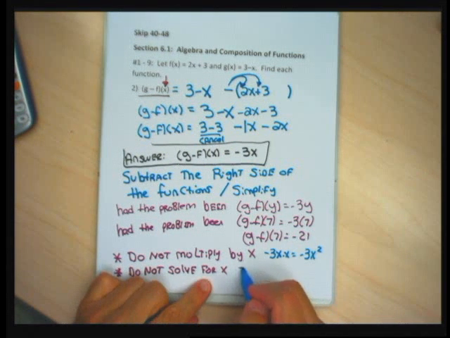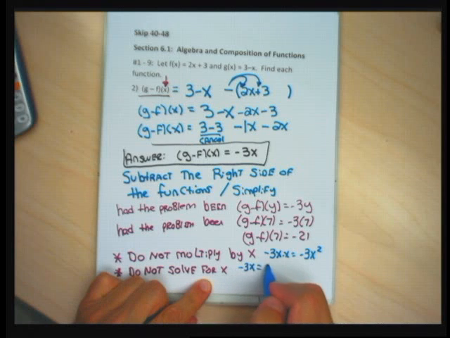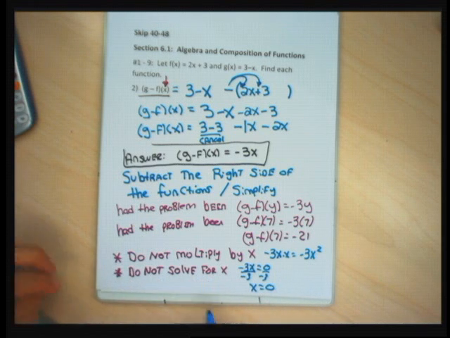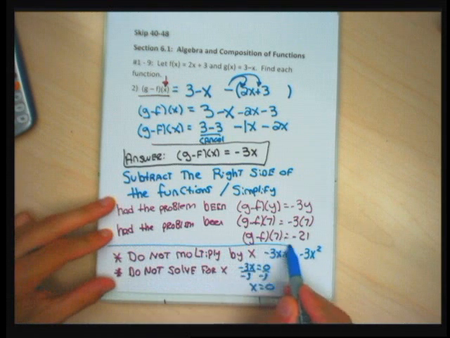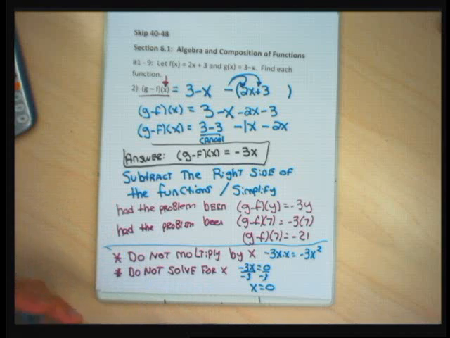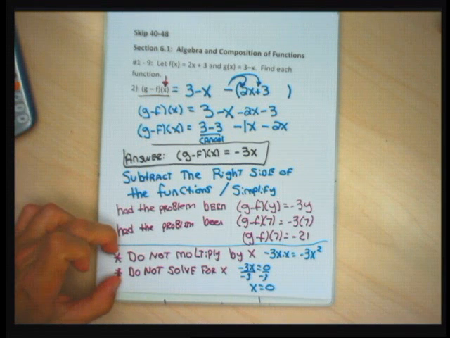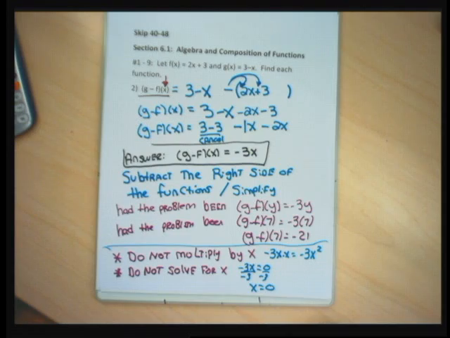Or if you took the answer and set it equal to 0 and solved for x and got x equal to 0, that's also wrong. So these are the things that students who don't completely understand function notation, and have a little intuition of mathematical symbols, do wrong for the problems in section 6.1.